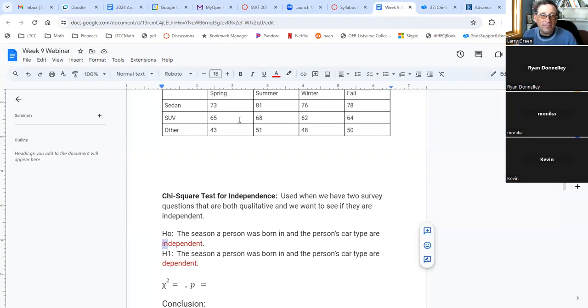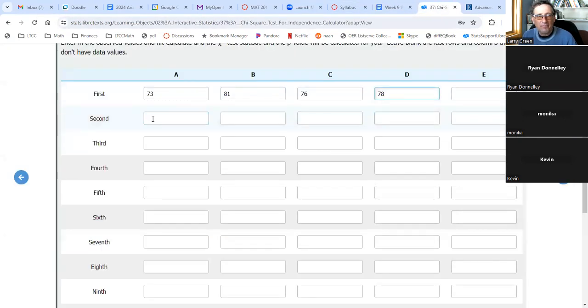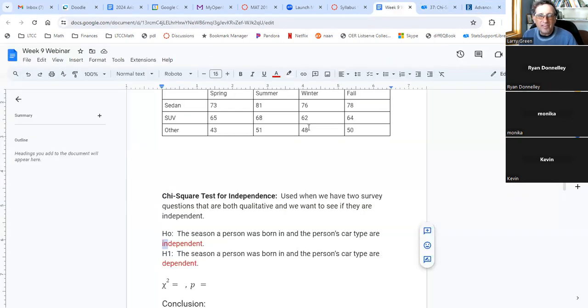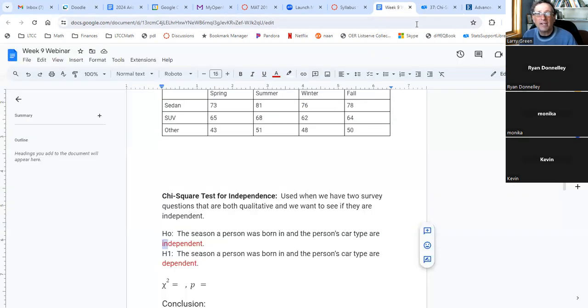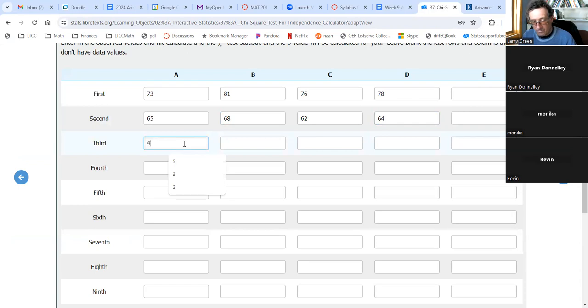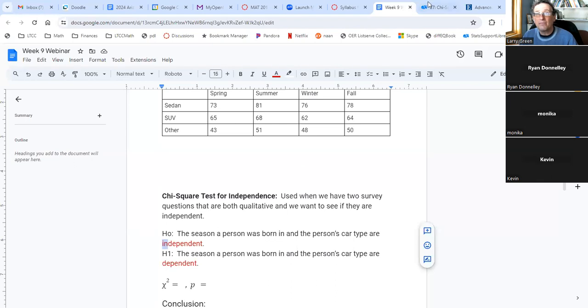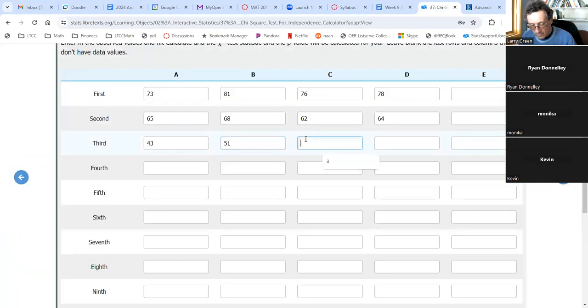And then the next row is 65, 68. And then 62, 64. And then the third row was 43, 51. And 48, 50. Any questions on entering the data?